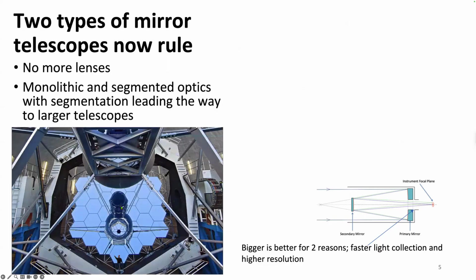Here's an example. This is the Keck telescope. Each of these segments is about the size of a backyard picnic table, and each one is controlled by computers to deal with what's going on in the telescope as you track an object moving across the sky. The telescope has to move because of Earth's rotation. As the telescope moves, the gravitational loads on the components change.